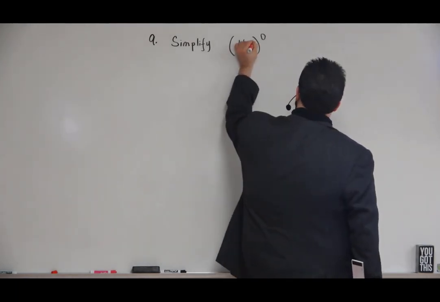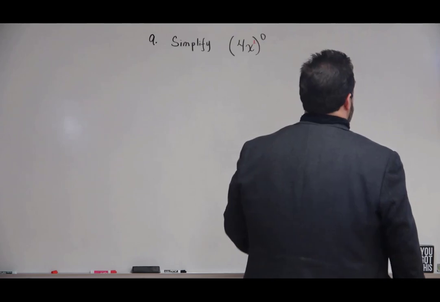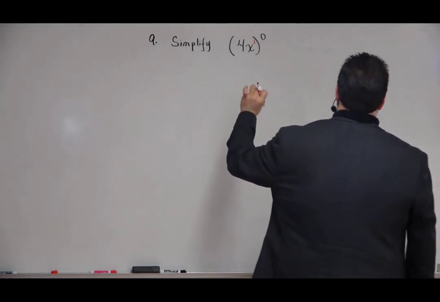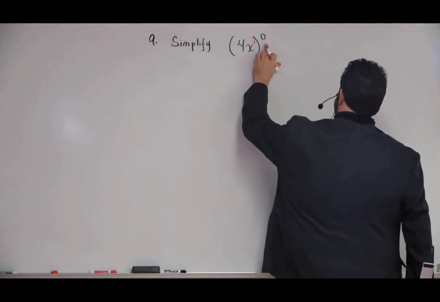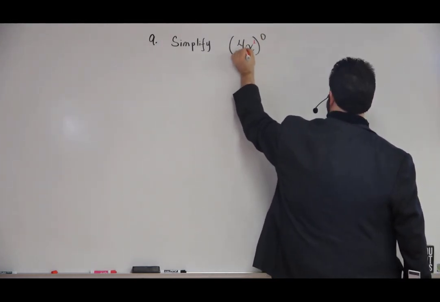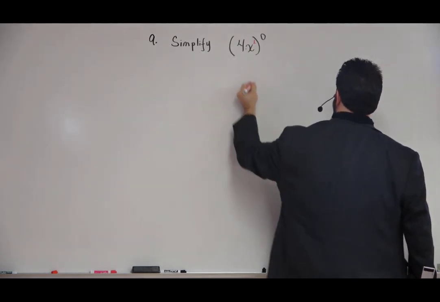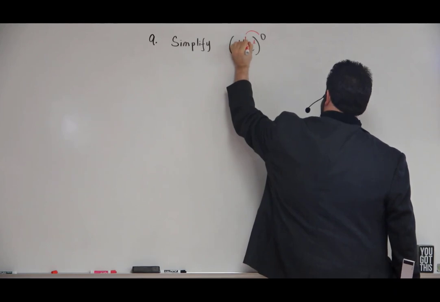First, write that 1 in the exponent position of the x. And then remember the power rule, the power of a product. There's a multiplication sign here. Power of a product states we should put a 1 here as well.